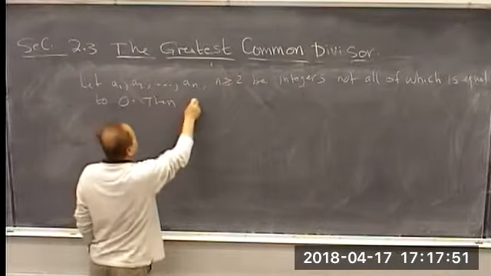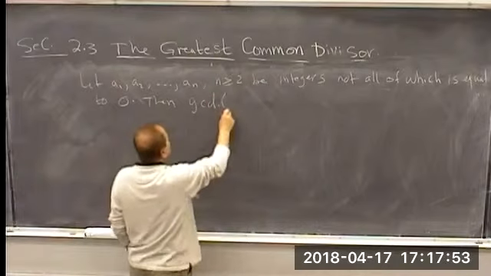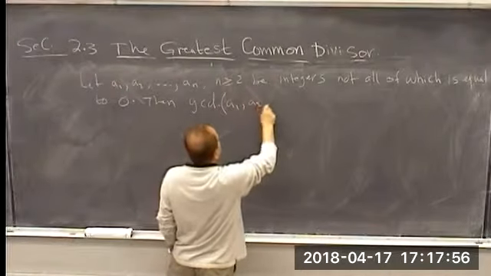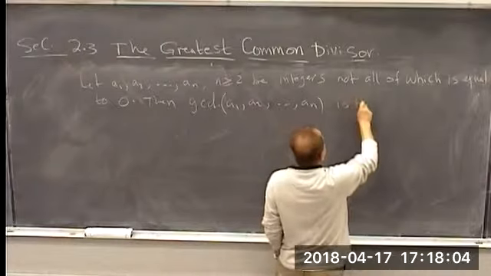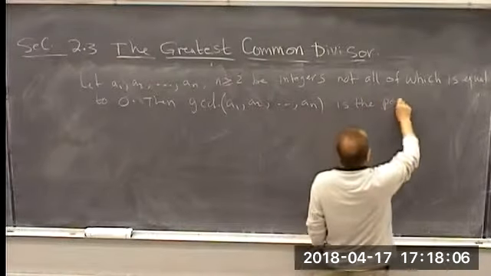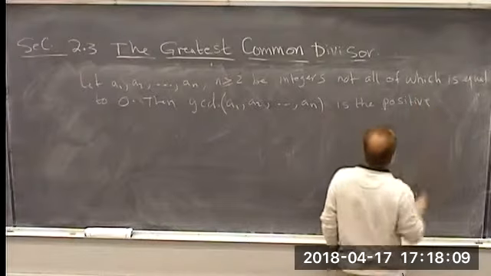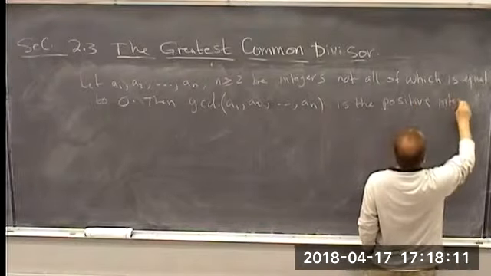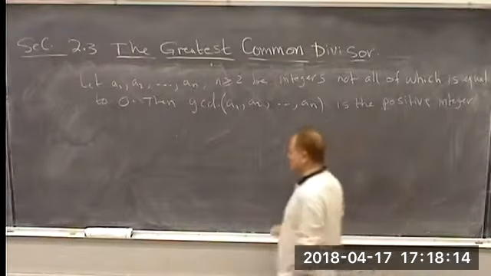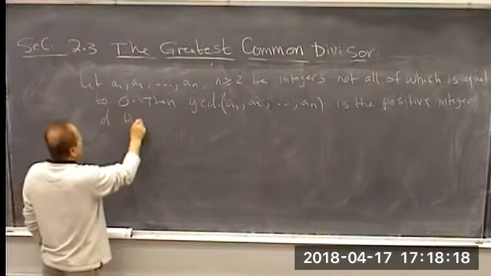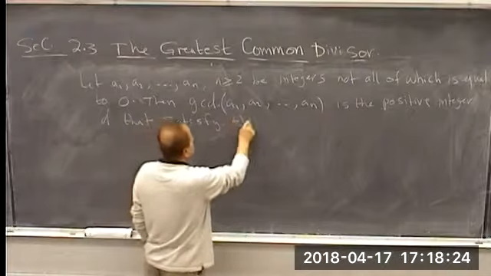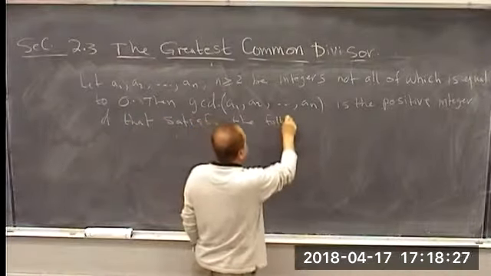Then the greatest common divisor of A1, A2, up to AN is the positive integer D that satisfies the following two conditions.